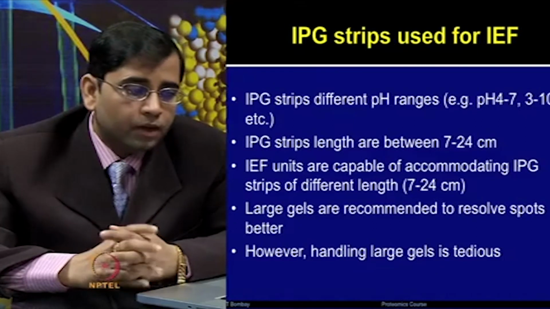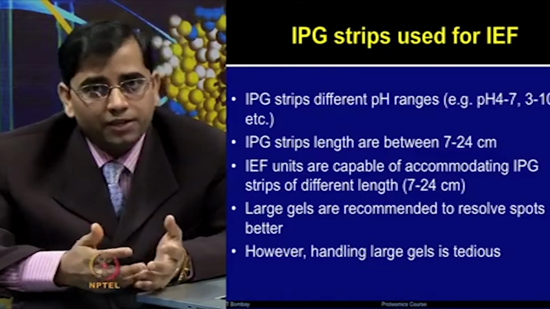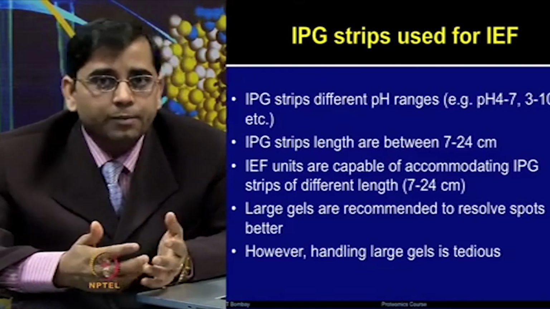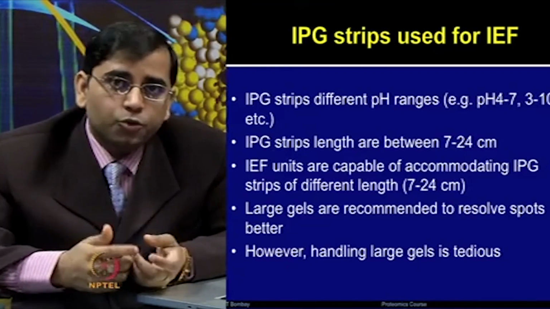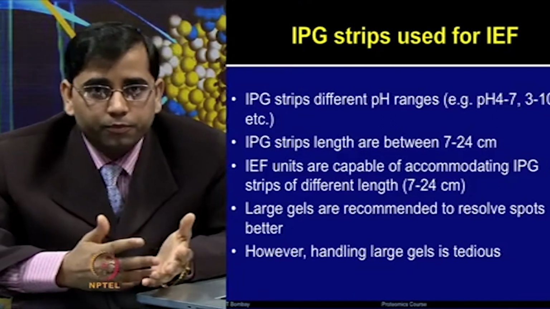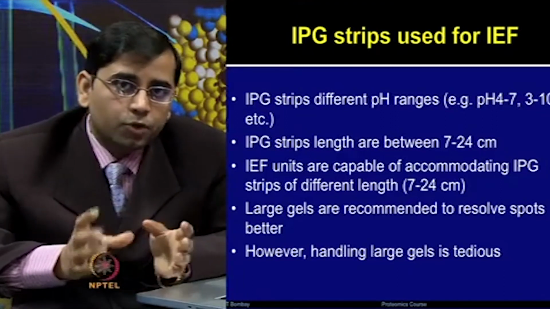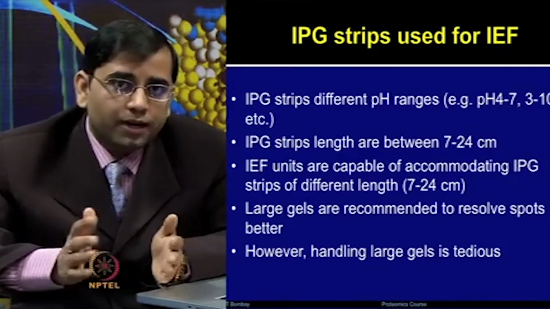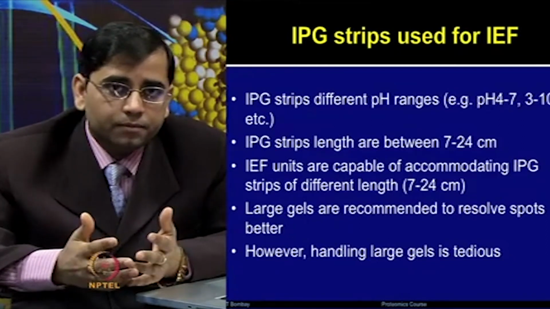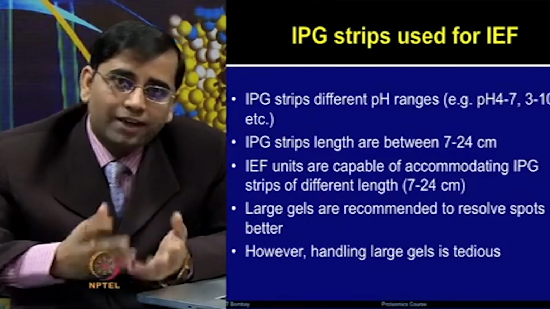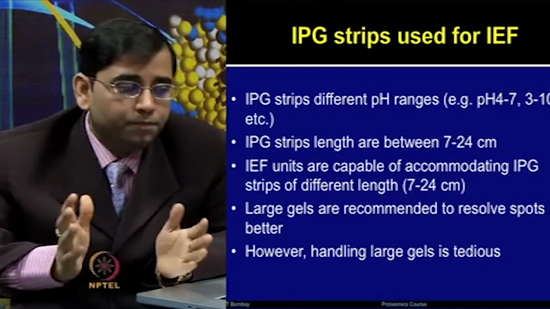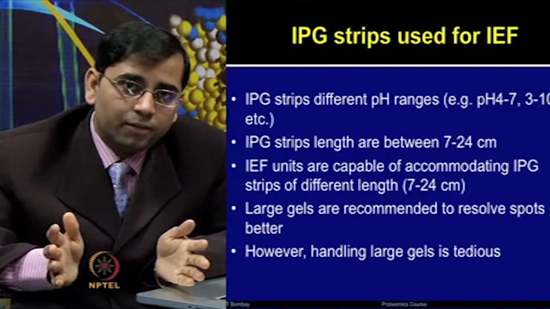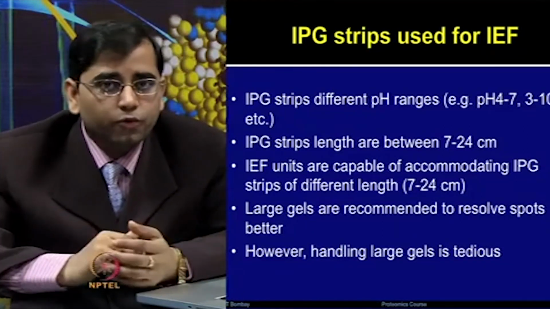Now, when you are optimizing a protein extraction protocol, it is better if you use a small strip, so that you know that your IEF process is going fine and your protocol is looking good. You can separate the proteins. Once you know that your extract is good, then you can apply it to separate the proteins on a long strip, for example 17 or 24 centimeter.